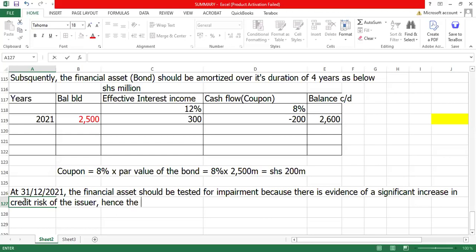Hence, the issuer may default on payment.